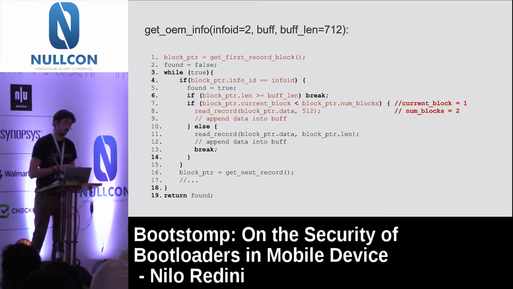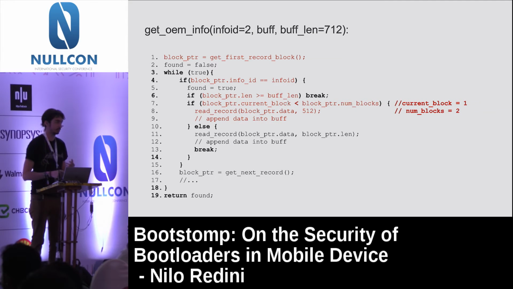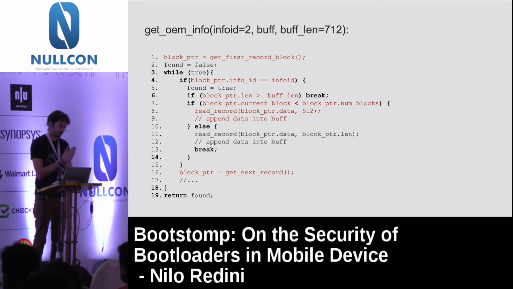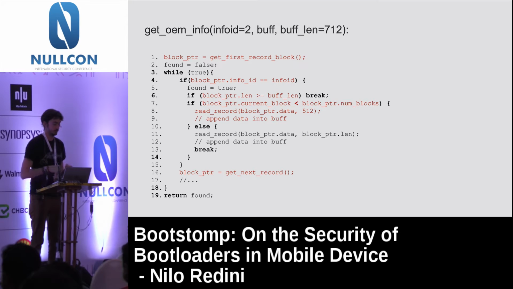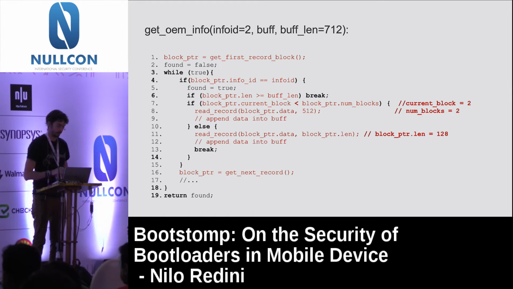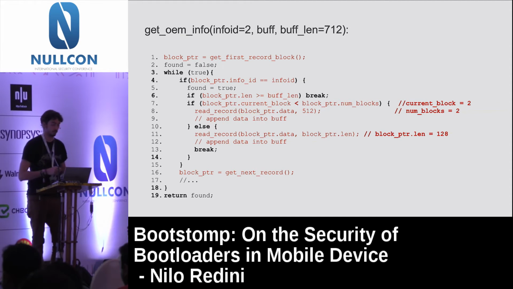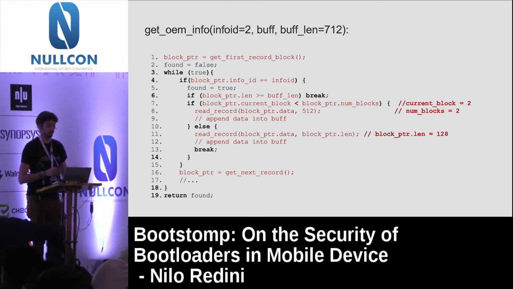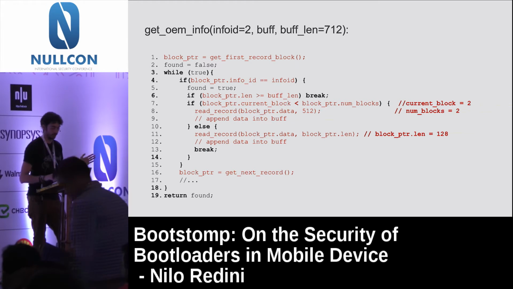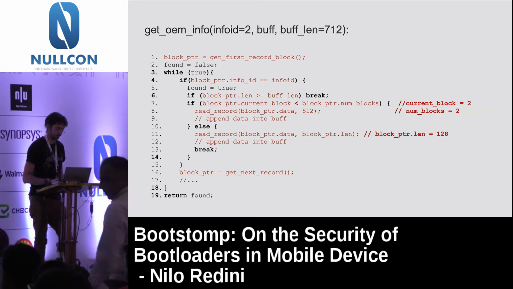And the function will read 512 bytes from the block and store them in the provided buffer. After this, the next block will be retrieved. The while will proceed with another iteration. But this time, the else branch is going to be hit, as this time, the current block is 2 and the number of blocks is 2. So in this case, 128 bytes are going to be read from the second block and stored in the provided buffer. So everything works fine and seems to be good.